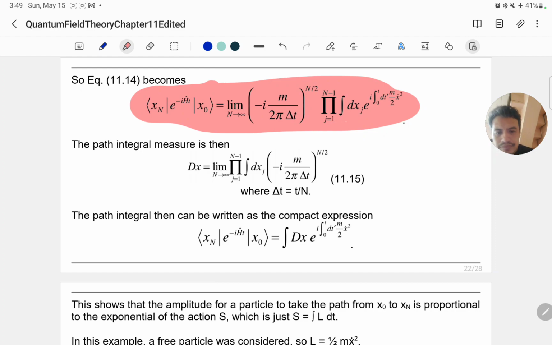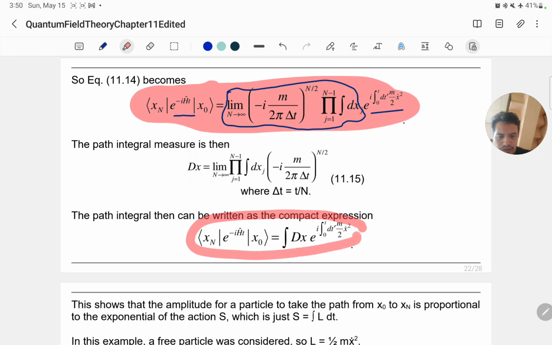And the path integral measure that we will have now would be this one, leaving only this, which is just this one here. So the path integral then can be written as a compact expression. So we now have this expression for this path integral.